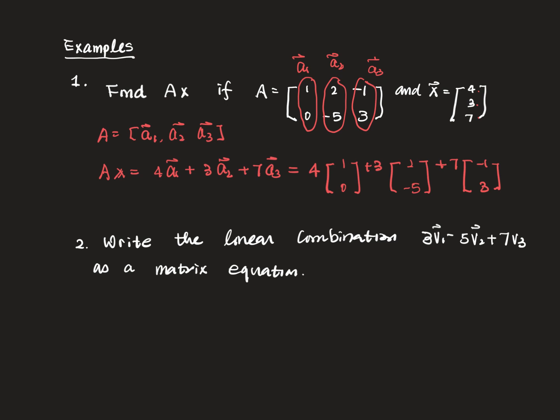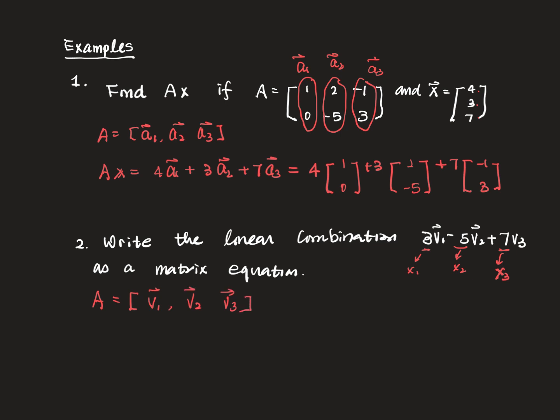Look at this one. The next one is to write the linear combination of 3v1 as a matrix-vector product. That's the linear combination, right? This one is x1, the second is x2, the third is x3. So what are you going to put in the matrix A? Matrix A has three column vectors: v1, v2, v3.